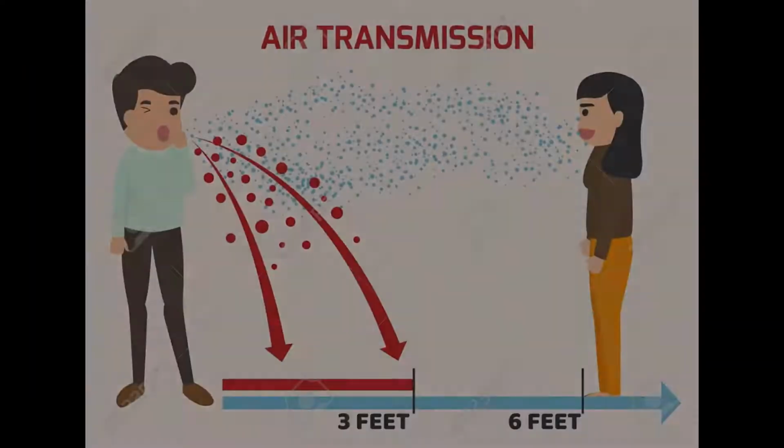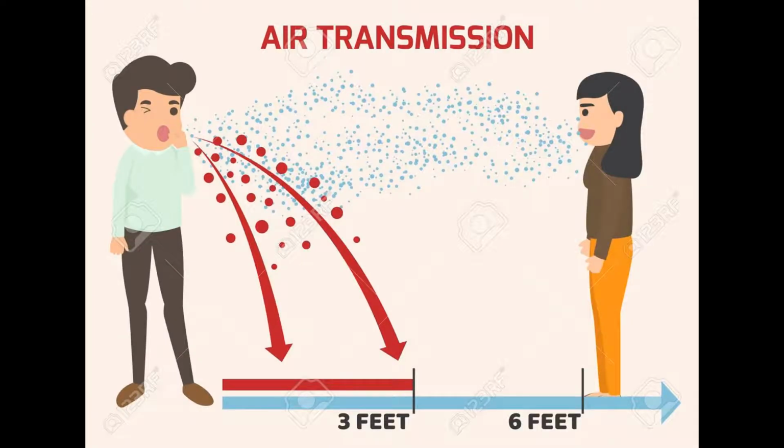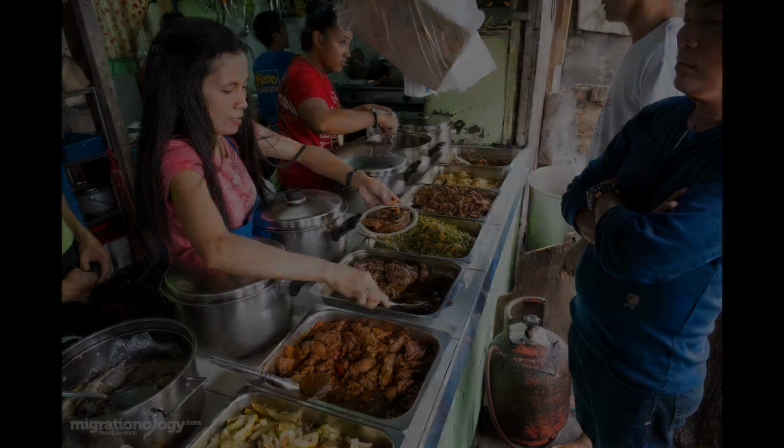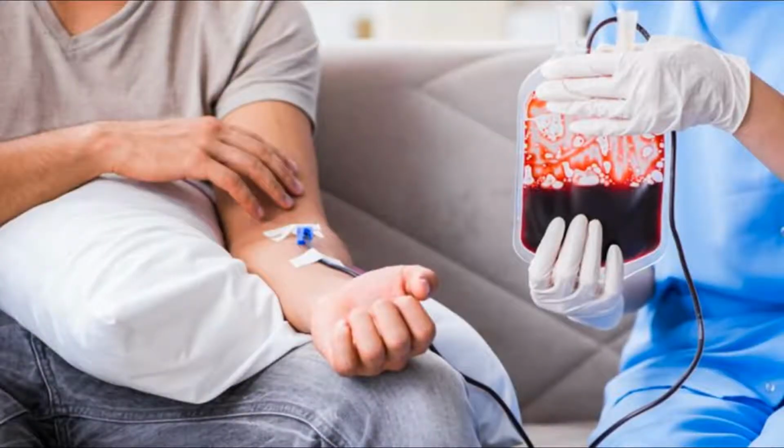Okay. Other methods may include what? Food. Yeah, transmission through food, transmission through water, or even biological products like blood. Pag may yung dugo na sinalin sa iyo contaminated, or even inanimate objects.